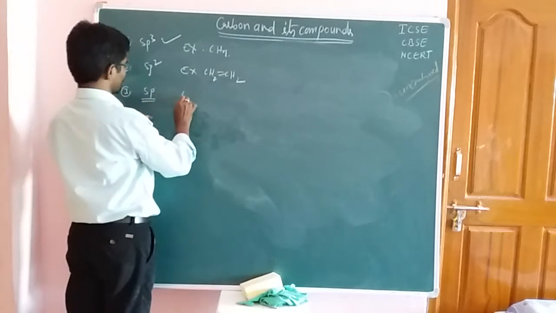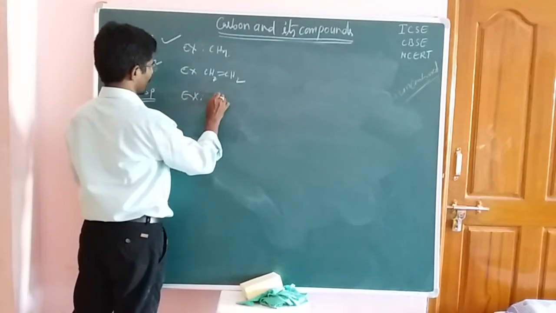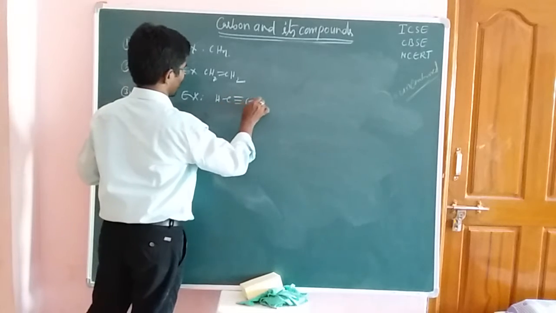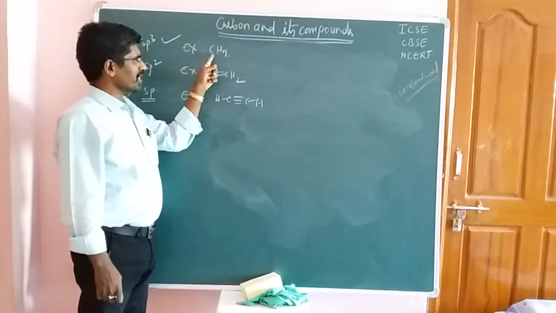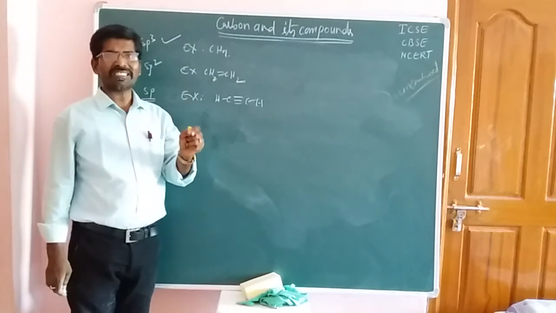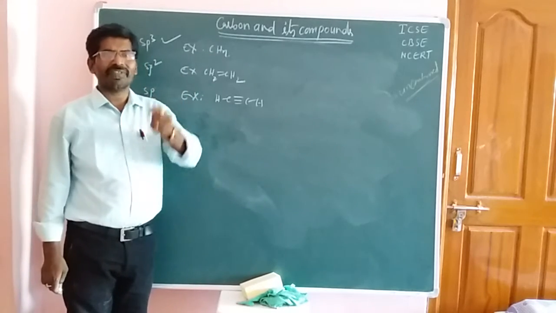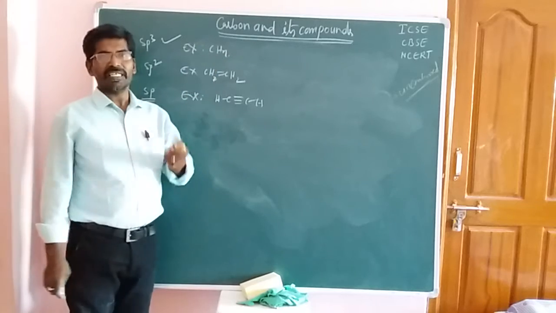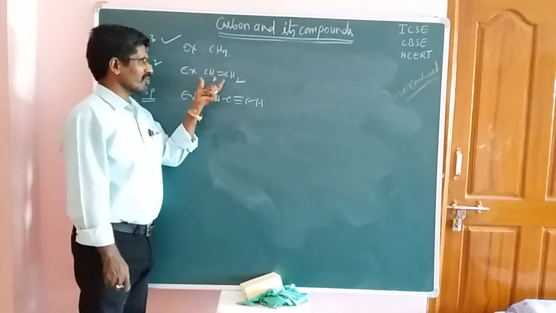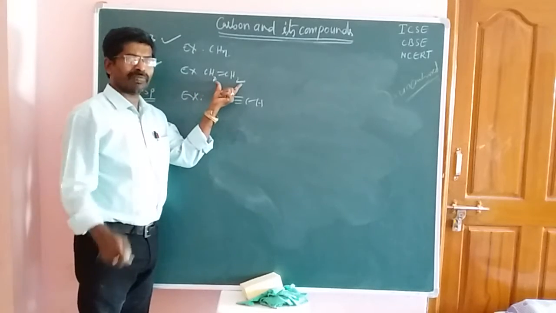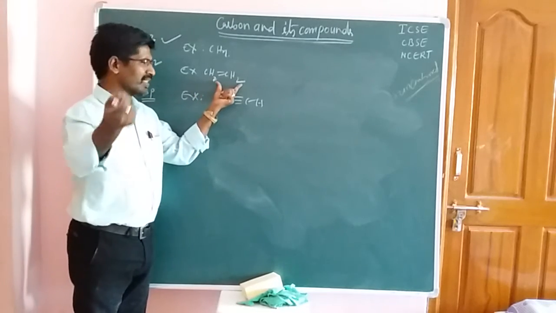For this purpose, we take this type of molecule: HC triple bond CH. Now sp3 hybridization is explained with the help of the methane molecule. sp2 hybridization is explained with the help of the CH2 double bond CH2 molecule, that means the ethylene molecule.